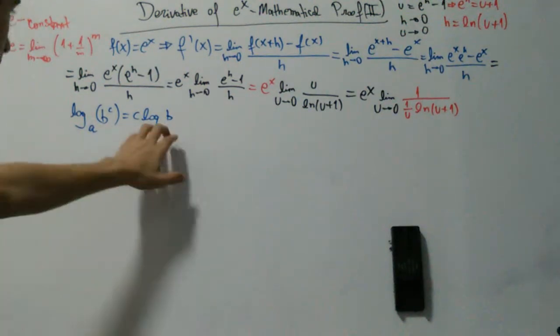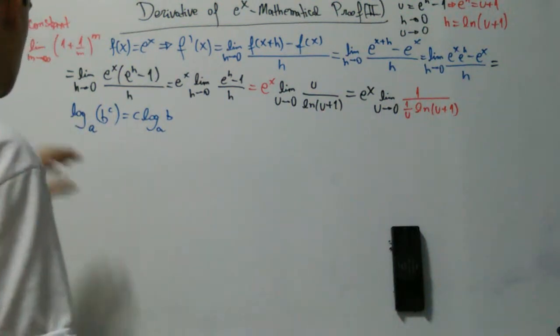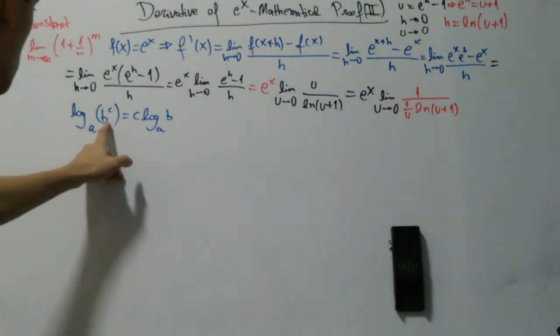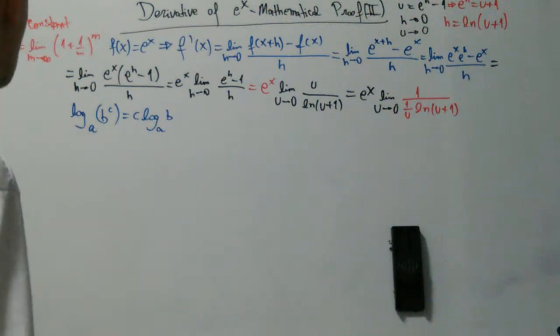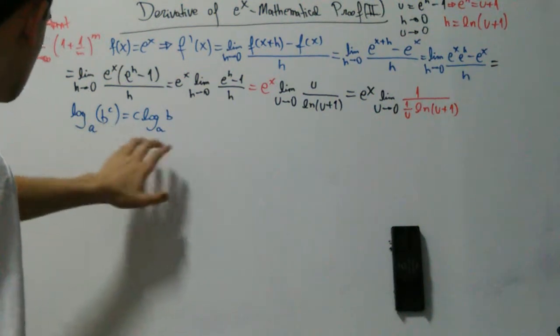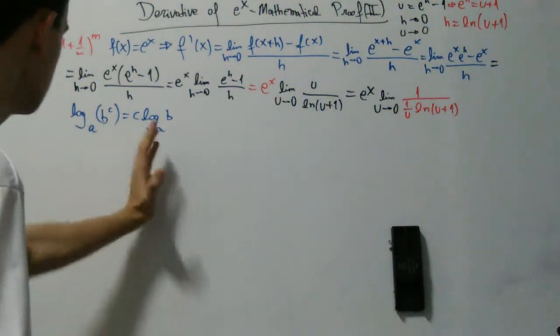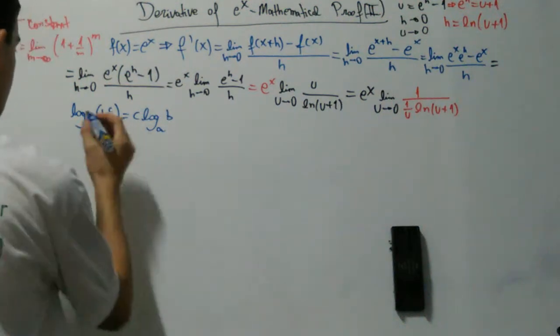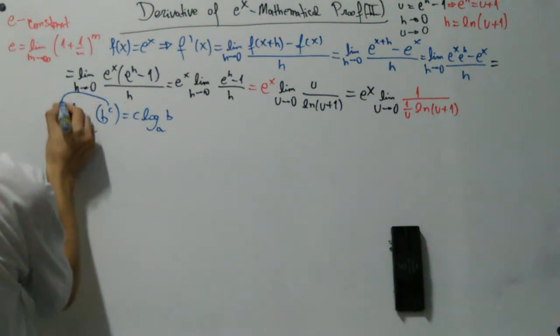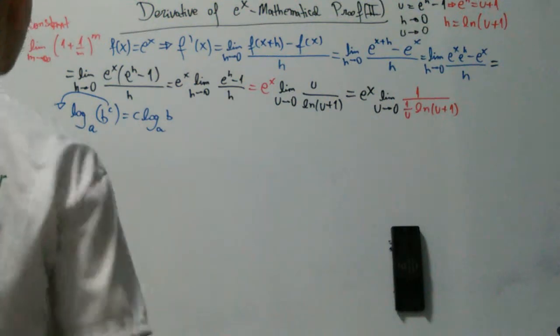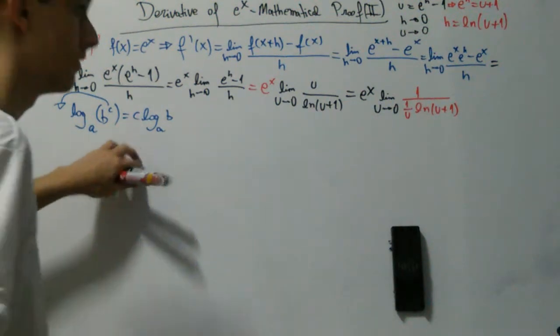This is a property we see when we study logarithms. If we have an exponent in the argument of the logarithm, this logarithm is equal to that exponent multiplying the logarithm. We put the exponent multiplying the logarithm. This is a property of logarithms.